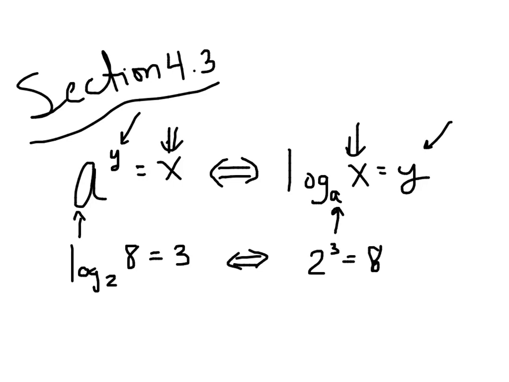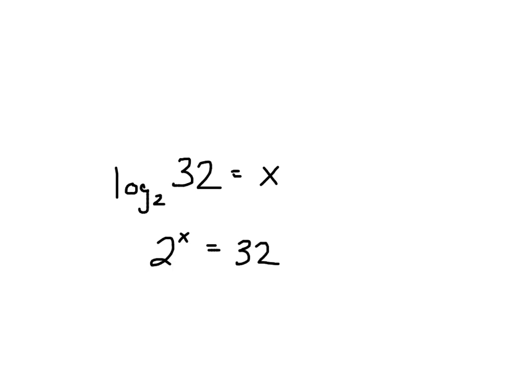But if they said something like this, where it says log base 2, 32 equals I don't know, then the first thing that I would do is rewrite that as an exponential. So I take the log completely out and rewrite it as an exponential, and now I'm asking myself, 32 is 2 to the what power?